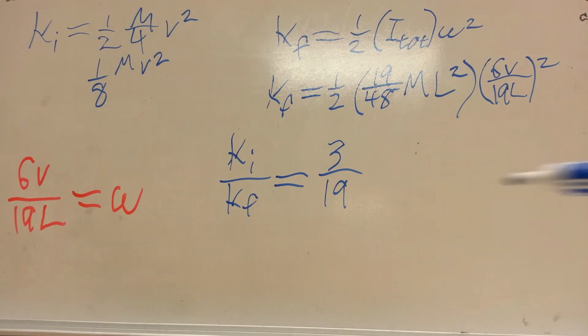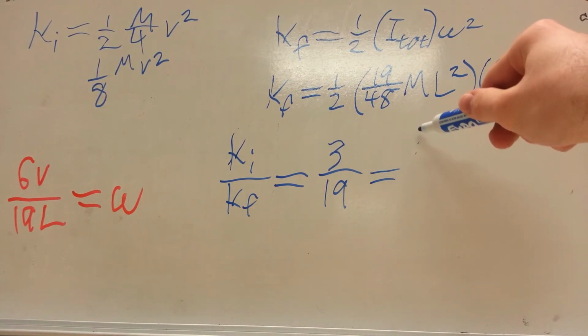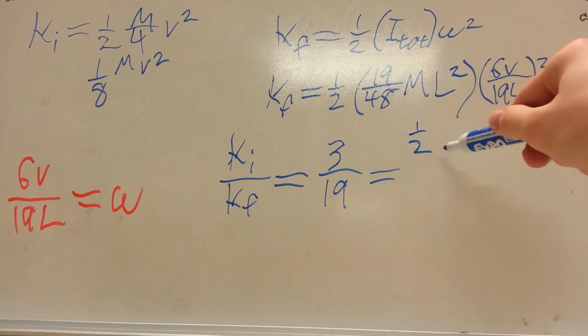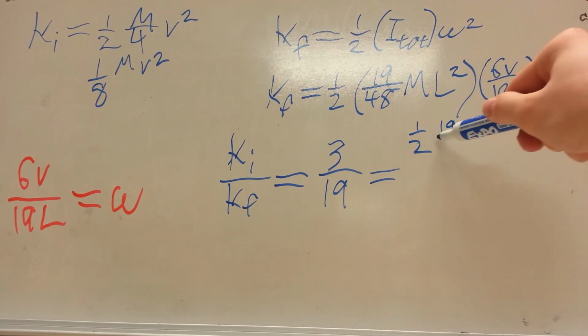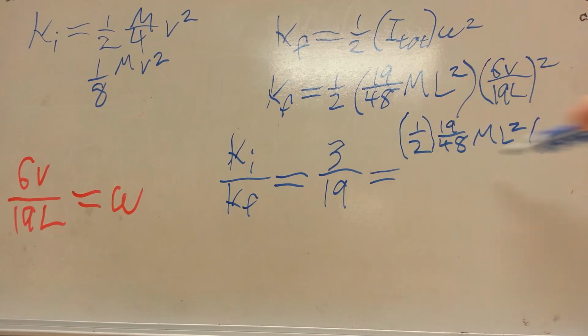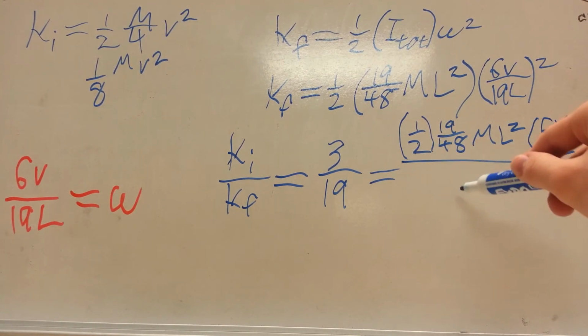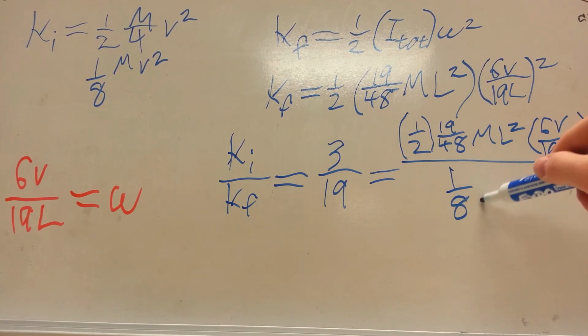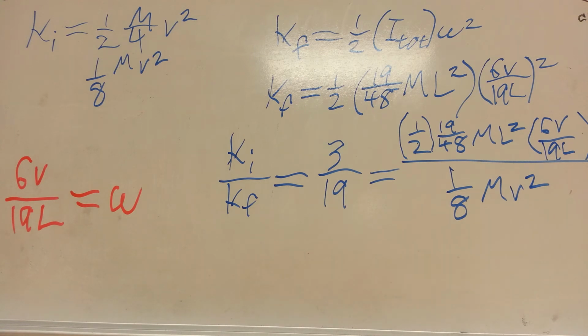But you get the idea. You know, it's going to be 1/2 19/48 ml squared times 6v over 19L squared. And you just divide it by a much easier number, mv squared. You know, you can work that out yourself. And it all cancels nicely, and you get 3 over 19.